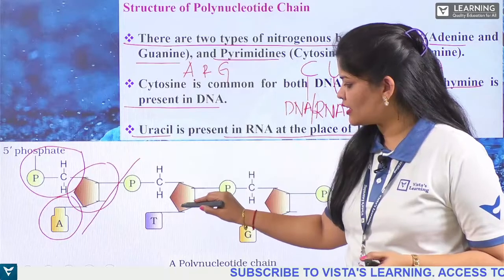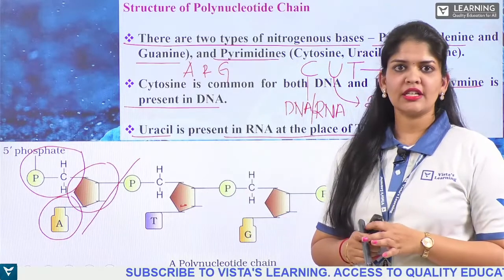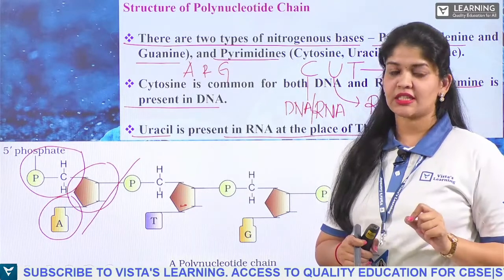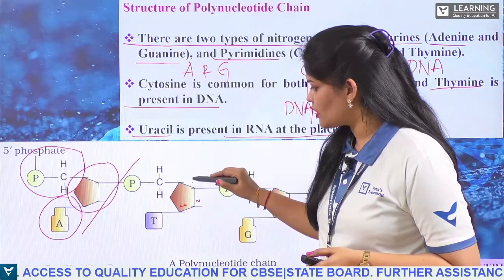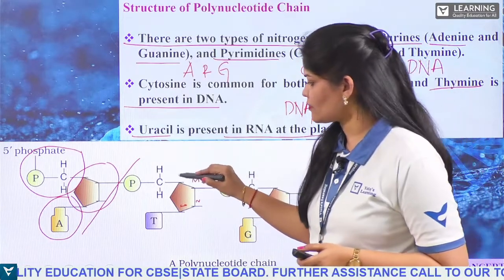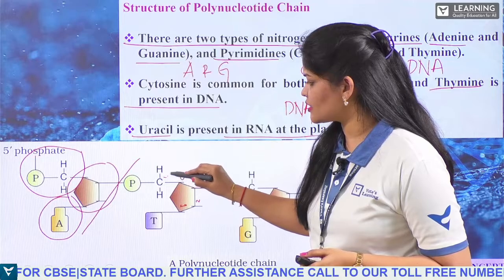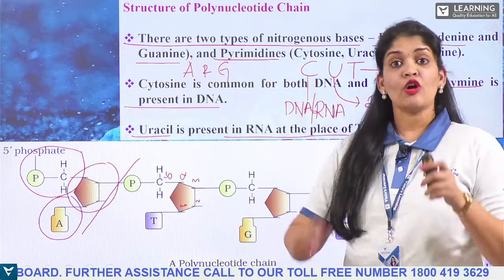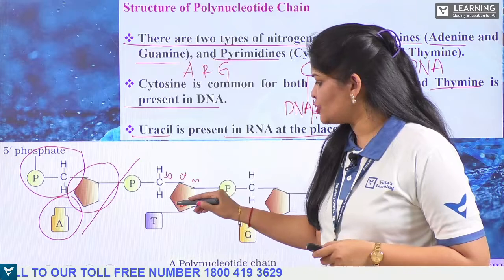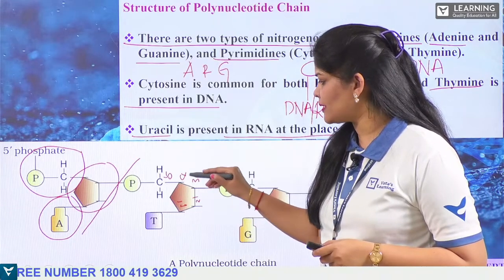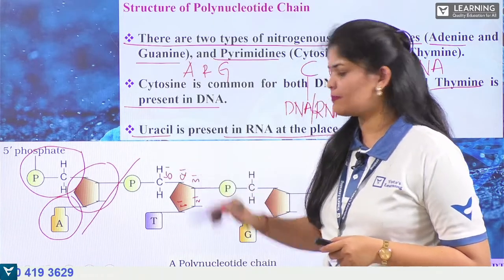Let's start numbering here. The sugar is a pentose. That means 5 carbons: 1, 2, 3, 4, and this is the 5th carbon. While we are numbering the carbons that are present in the sugar, we will use prime: 1 prime, 2 prime, 3 prime, 4 prime, 5 prime.